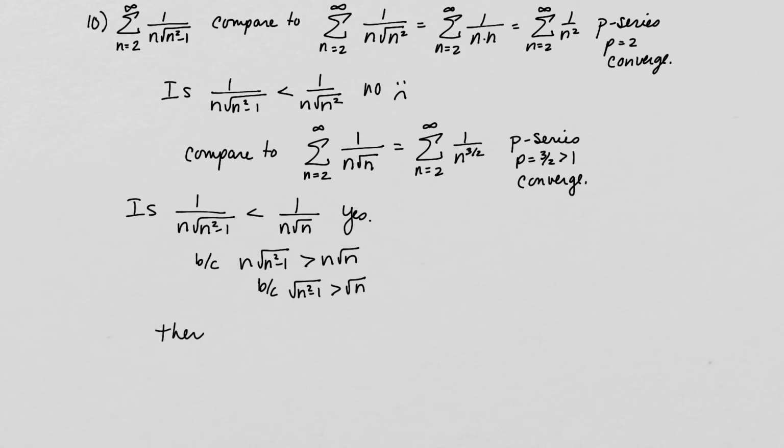Therefore, our series, the summation n equals 2 to infinity of 1 over n square root of n squared minus 1, also converges.